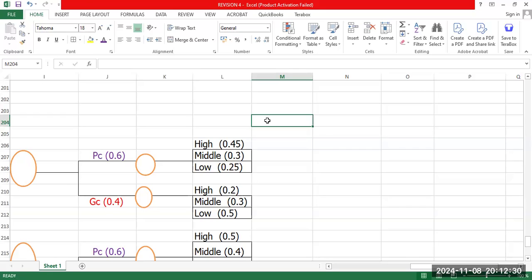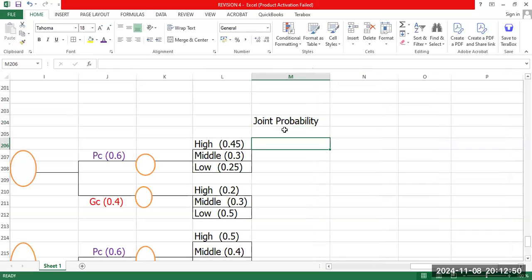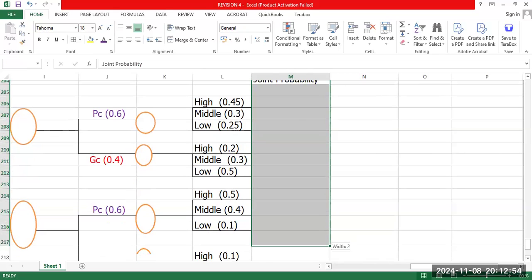But here you have different probabilities, this probability and this probability. So you have to put something called joint probability, because if you multiply different probabilities, what you get is joint probability.